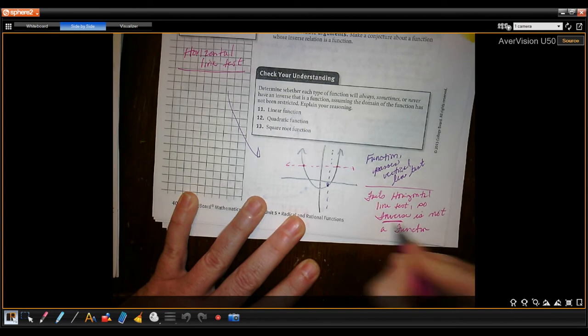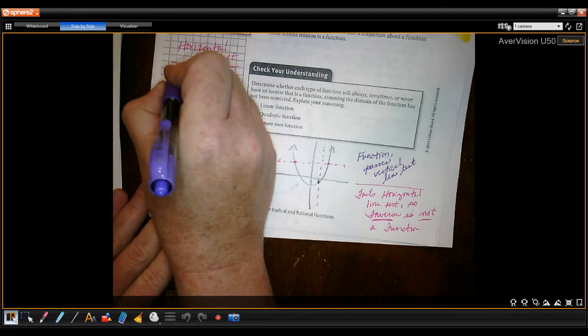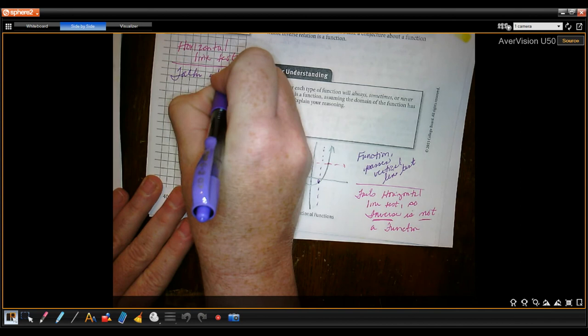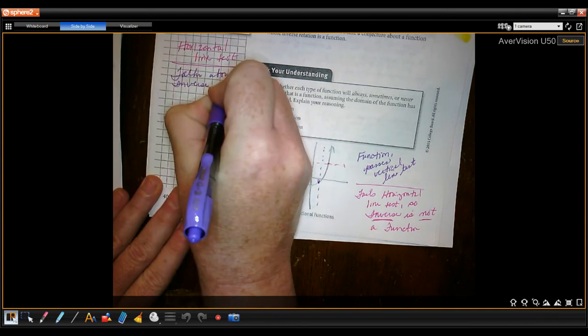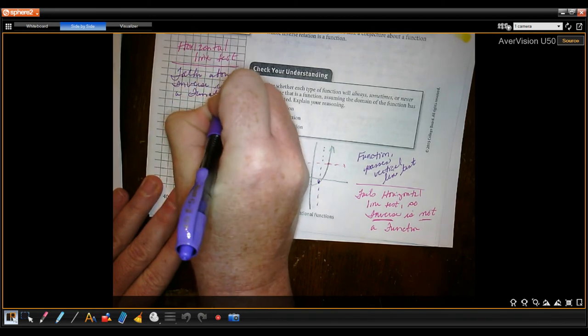So let's explain that. So horizontal line test tells you whether the inverse is a function. The horizontal line test talks about whether the inverse is a function or not.